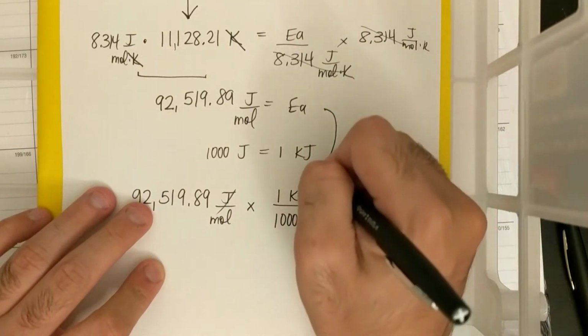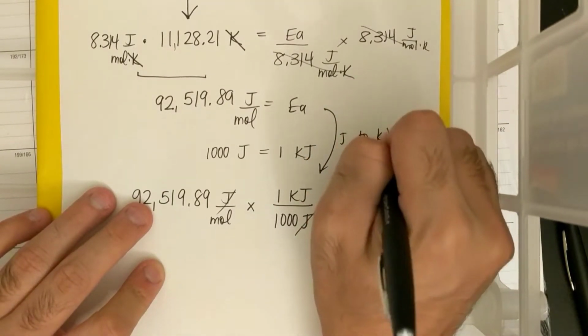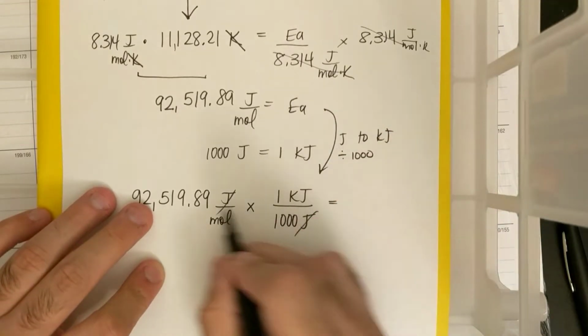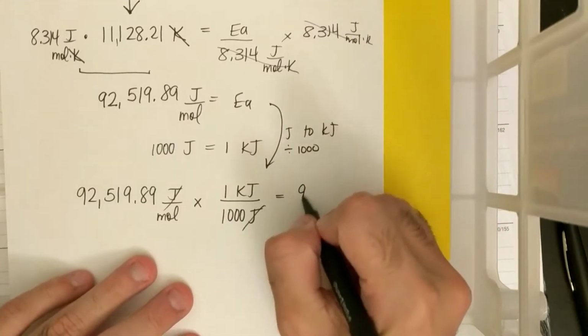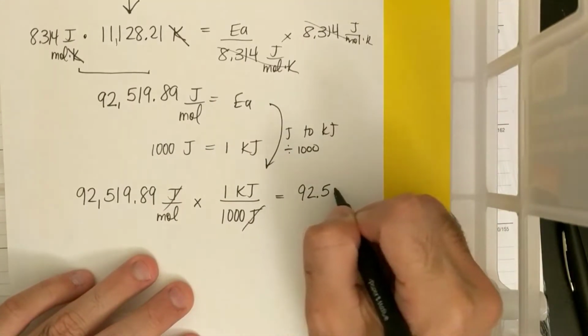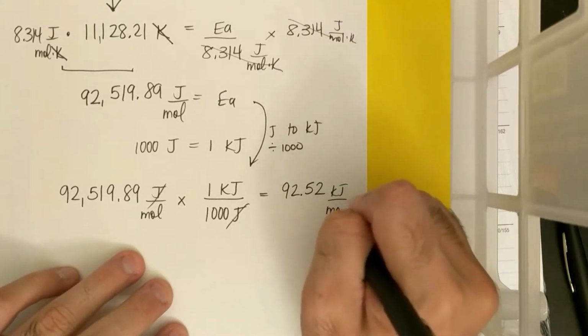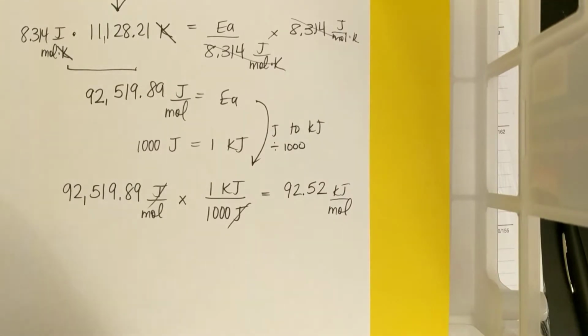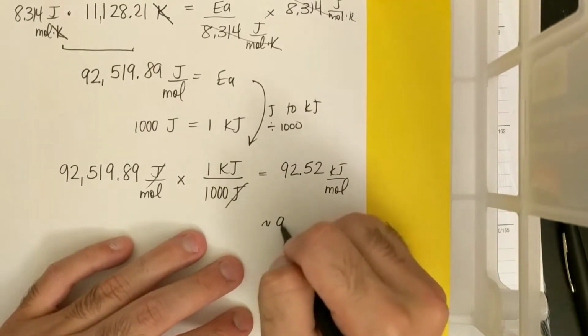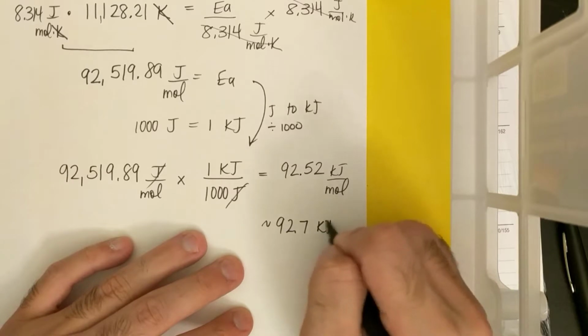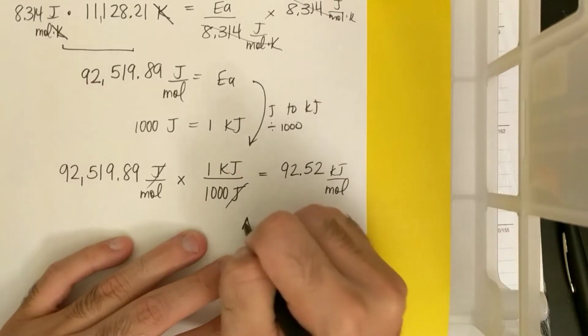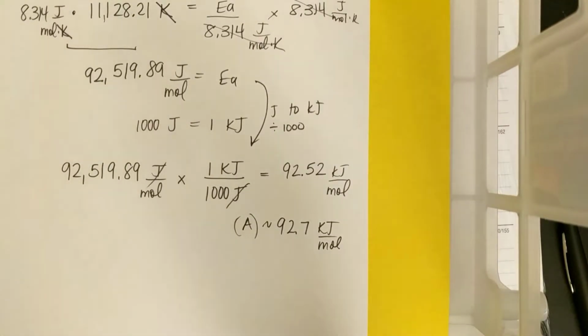So if I want to go from joules to kilojoules, you divide by 1,000, I will get 92.52, if I'm rounding, kilojoules per mole. And if you look at the choices, you have 92.7 kilojoules per mole, which is choice A. Now, rounding and however many significant figures will have us off by that plus or minus 0.1, that's fine.